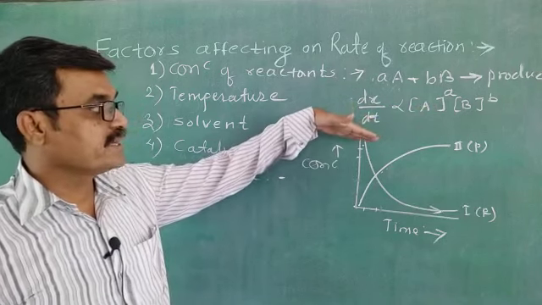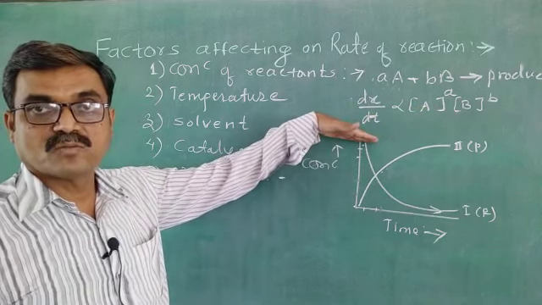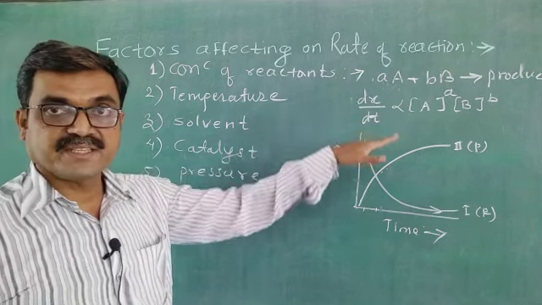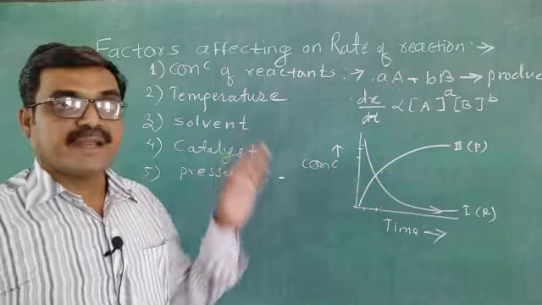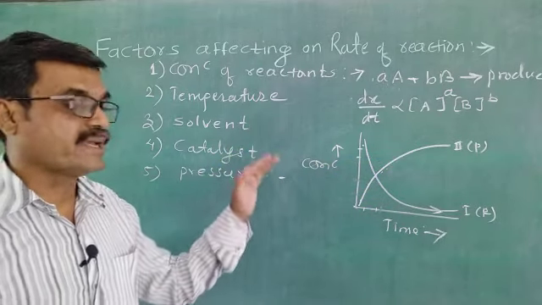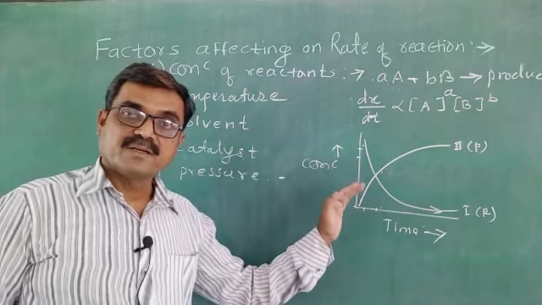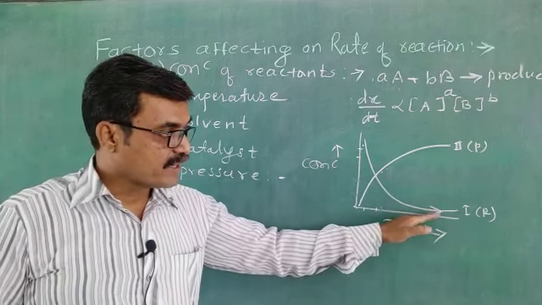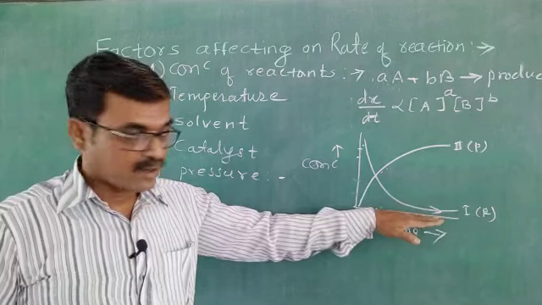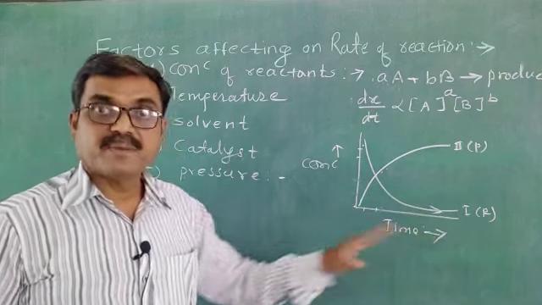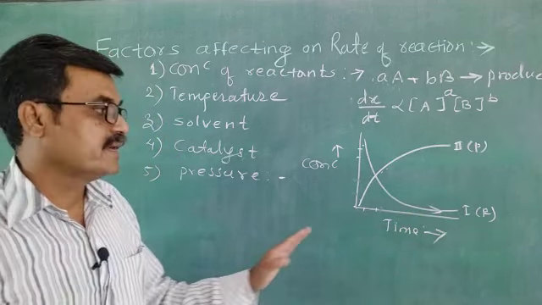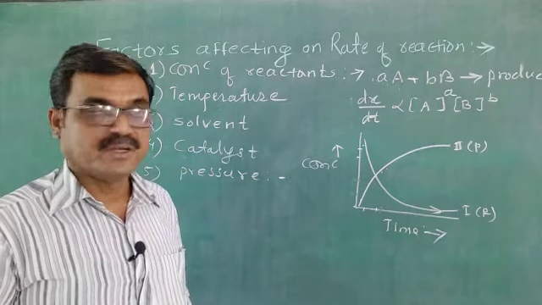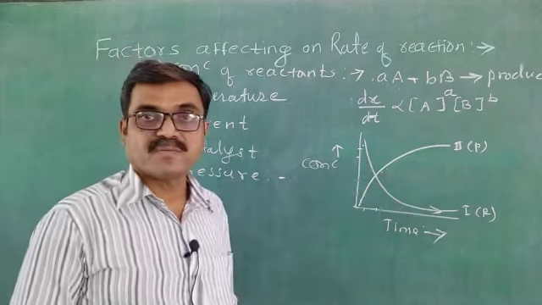The concentration in the beginning is more, and as time increases, the concentration decreases. That's why the rate is highest in the beginning and goes on decreasing. Theoretically the reaction is not complete, but practically after some time the reaction is slow and considered complete, and this is the reverse case for the product.